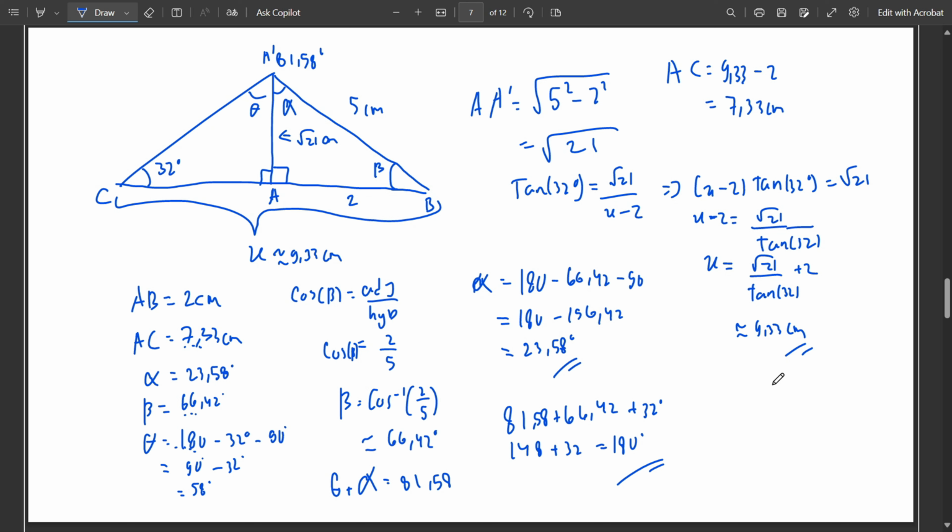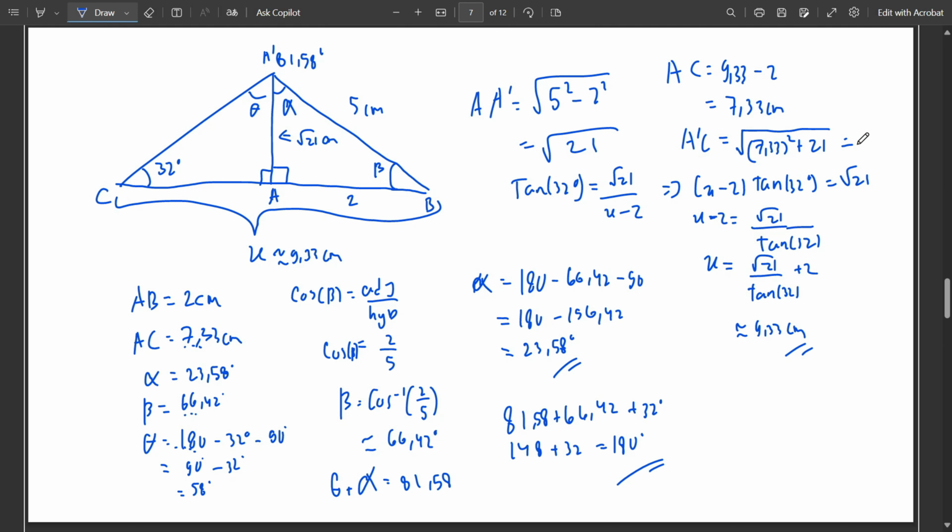We can find our A accent C accent. So our A accent C is just the square root, using the Pythagorean theorem, of our AC here, 7.33 squared, plus the square root of 21 squared, which is just 21.